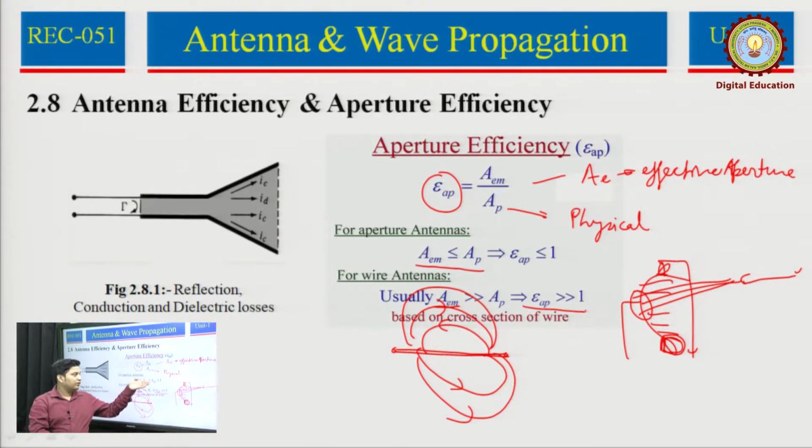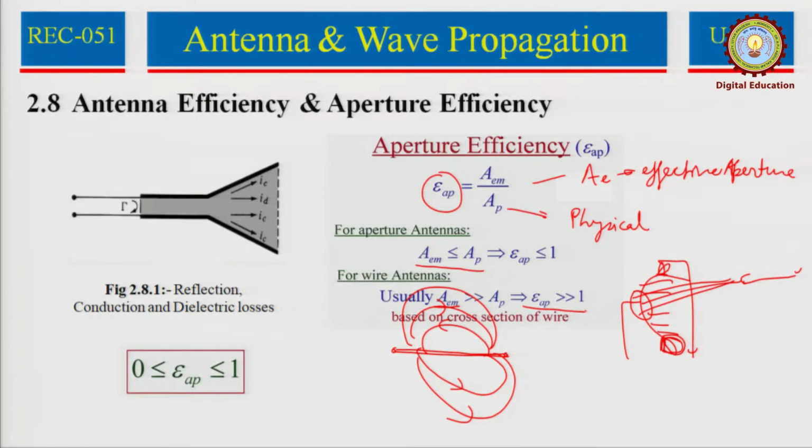For an aperture antenna it is less than unity, for the wire kind it is always greater than unity. So, this way we are going to solve, and now we can formulate this. For the aperture case it varies from 0 to 1. See this, 0 to 1.